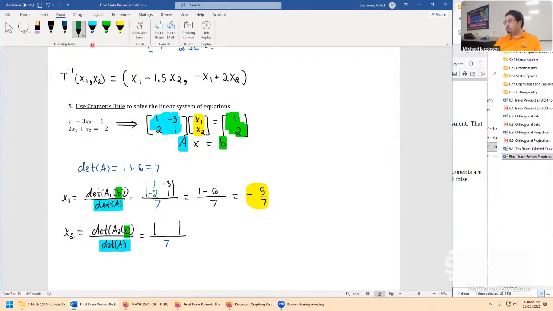Here, following the subscript, column vector B goes into the second column. So 1, negative 2 inside that determinant. From the original matrix A, we plug in 1, 2 here. That means this one's almost done. This is going to be negative 2 minus 2 for a negative 4 sevenths.